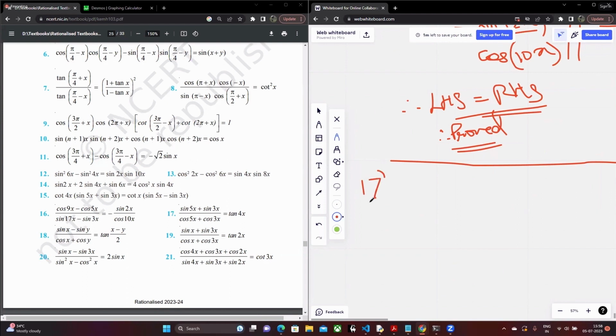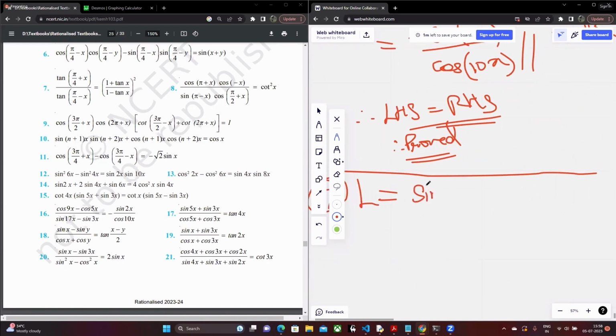Question number 17: (sin 5x plus sin 3x) by (cos 5x plus cos 3x) is equal to tan 4x. Very simple again, the same principle as question number 16. I'll again take LHS only.